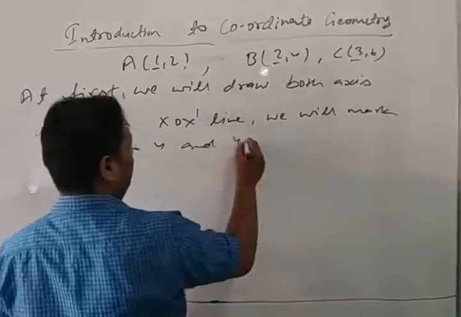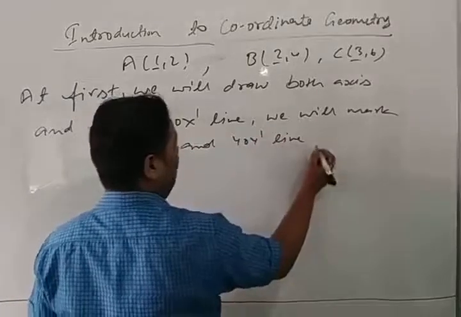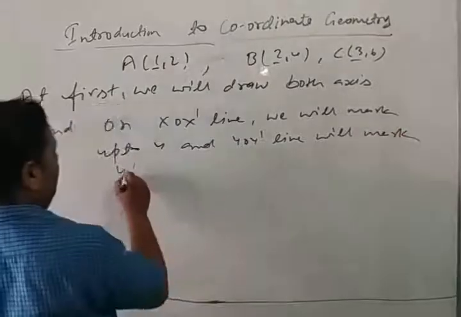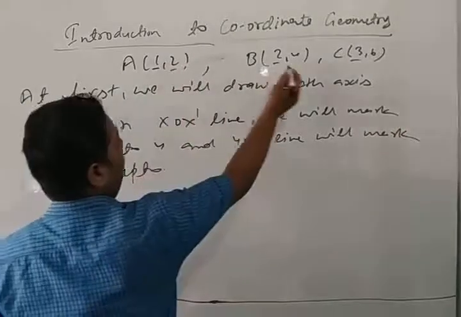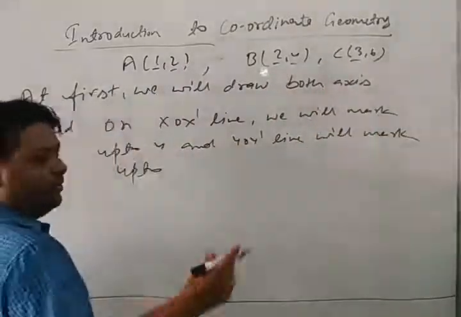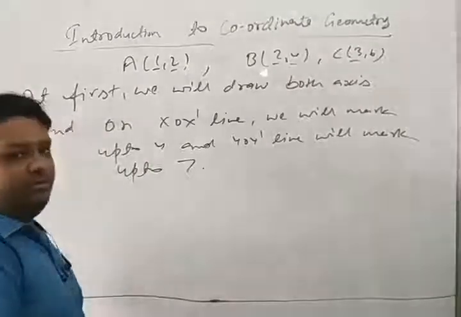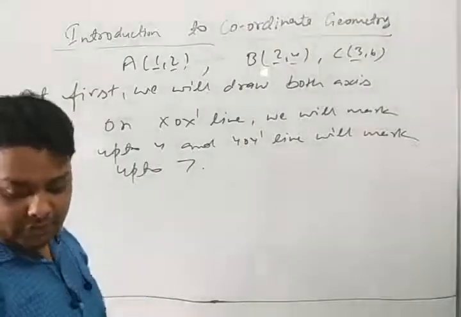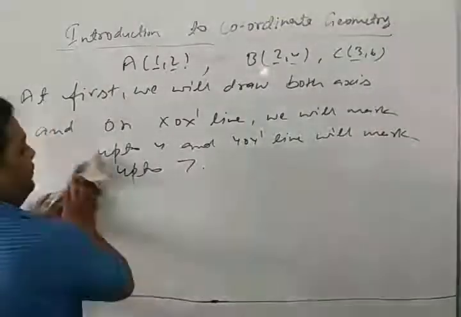On the y dash line we will mark 2, 4, 6, maximum 6, so one more, 7. Up to 7 we will mark. Then we will plot and after that join AB and BC also.